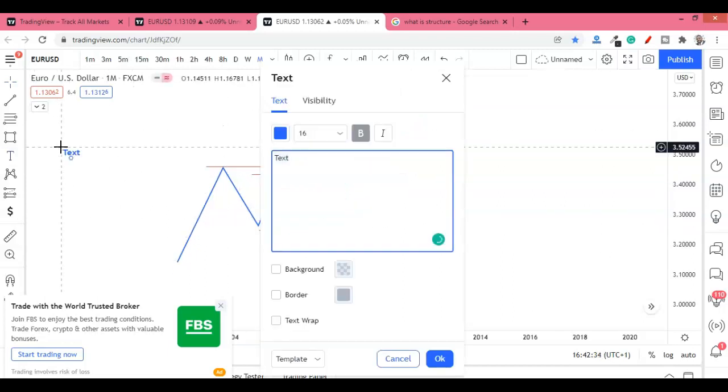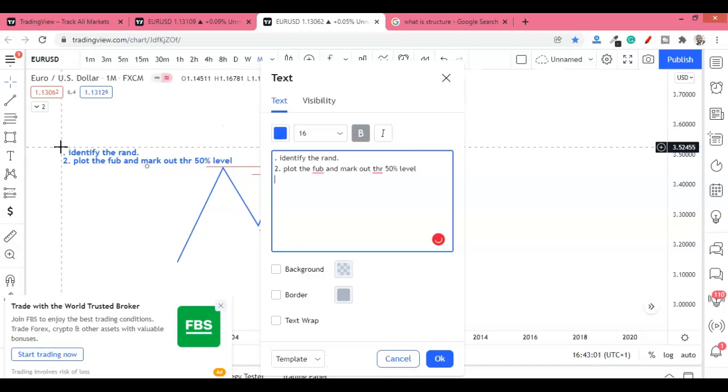Number one is identify the range. Number two is to plot the fib, and mark out the 50% level.